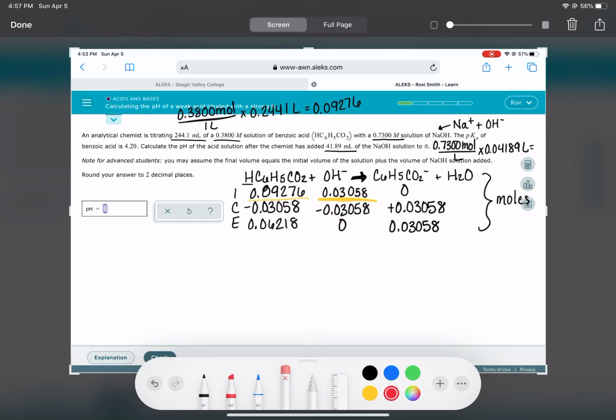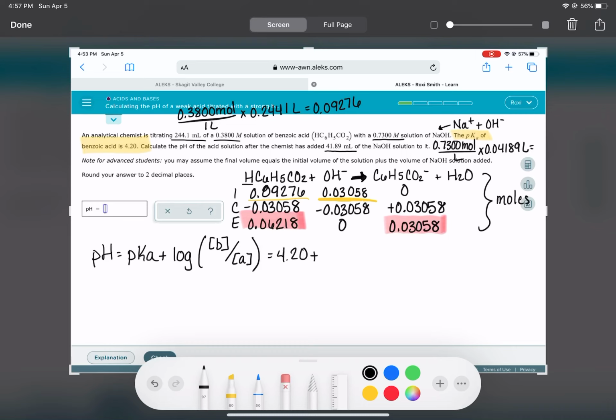When we don't have hydroxide present, we use the acid and the conjugate base and Henderson-Hasselbalch to calculate the pH. pH equals pKa plus the log of the concentration of the base over the concentration of the acid. The pKa is, up here in the problem, kind of hard to see it because I've written over the top of it. The pKa is 4.2.